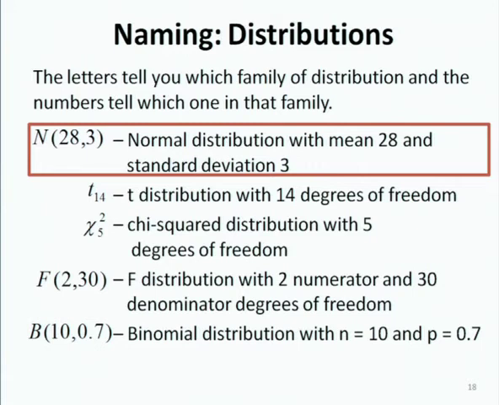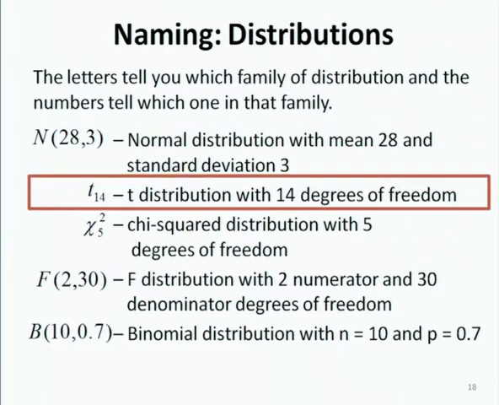So in the School of Maths, they'll generally put the standard deviation in that spot, but in economics and in engineering, they will often put the variance in that spot, which would be 3 squared. So watch out for whatever they're using, and that's just different people using different things in different contexts. T with a 14 is a T distribution with 14 degrees of freedom. You may also see that 14 written in brackets.